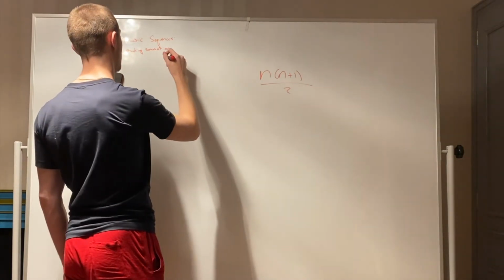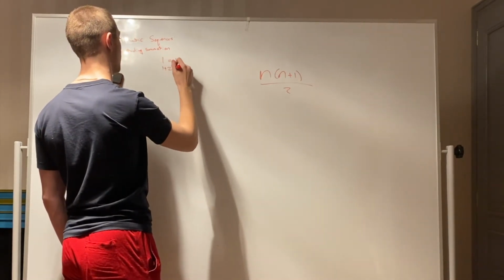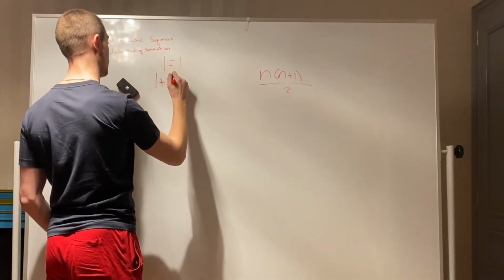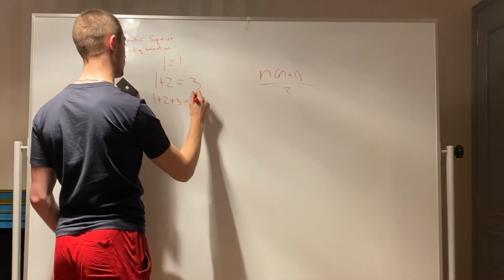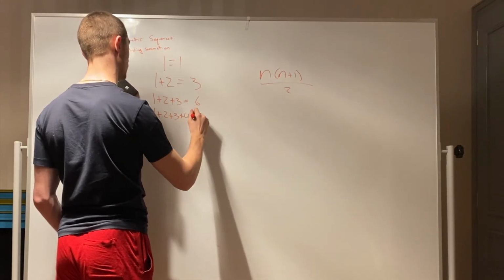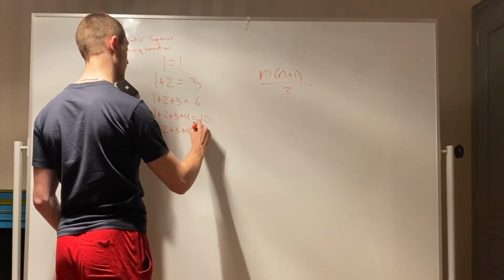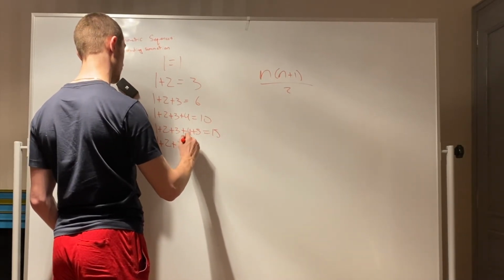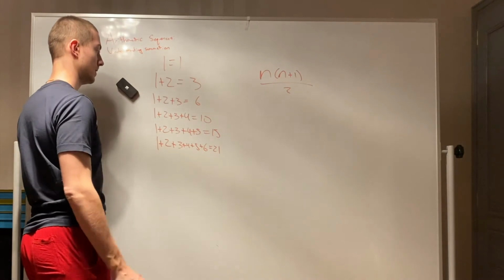So, okay, let's see. Let's take 1. 1 plus nothing is just itself. 1 plus 2 equals 3. 1 plus 2 plus 3 equals 6. 1 plus 2 plus 3 plus 4 equals 10. 1 plus 2 plus 3 plus 4 plus 5 equals 15. 1 plus 2 plus 3 plus 4 plus 5 plus 6 equals 21, and so on.